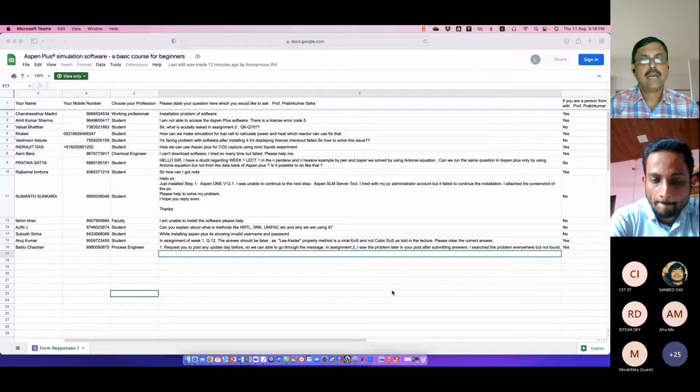When you study NRTL or Redlich-Kwong-Soave, the textbook where you study will tell you how to use those property methods and in what cases. Some people ask me, sir, I have this system, that system, which property method can I use? There are certain thumb rules and you can use them, but there is no guarantee that a particular method is the most ideal method for a system.